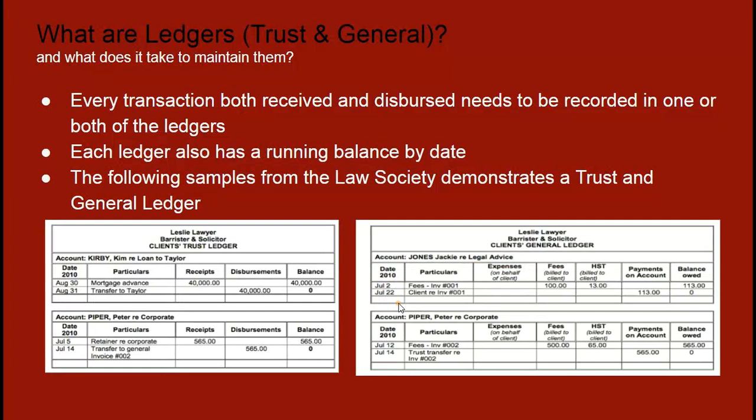So if I were to quickly review this document, on July 2nd, and this is, of course, an example taken from the bookkeeping guidelines of Ontario, for this particular client, Jackie Jones, you can clearly see there was an invoice generated, invoice number 001.